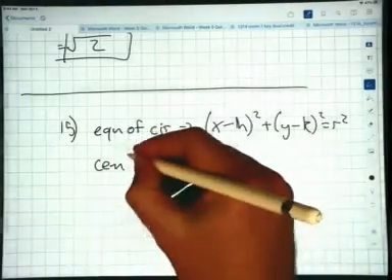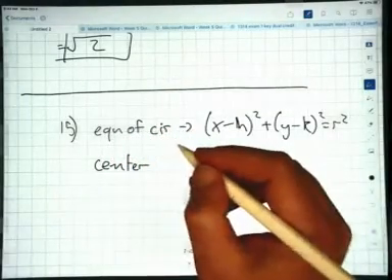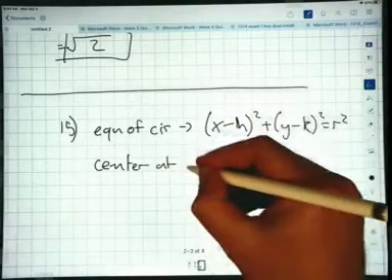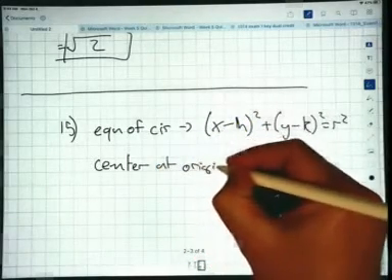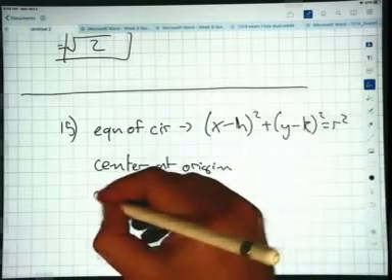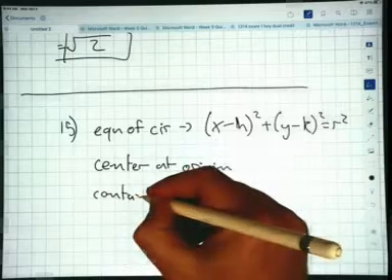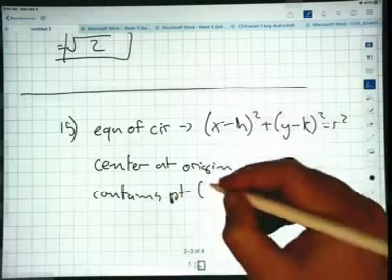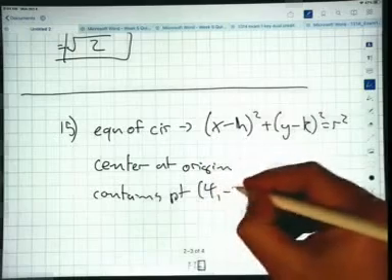Where we are given that the center, we're looking at 15, is at the origin, and it has the point 4, -2.